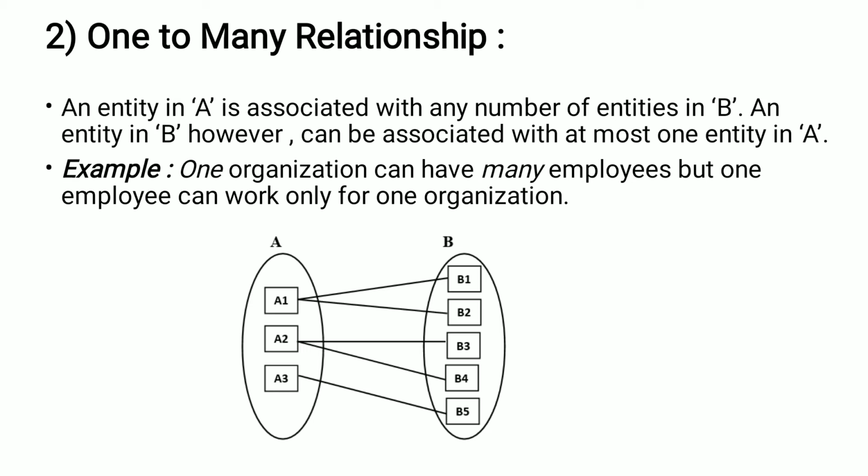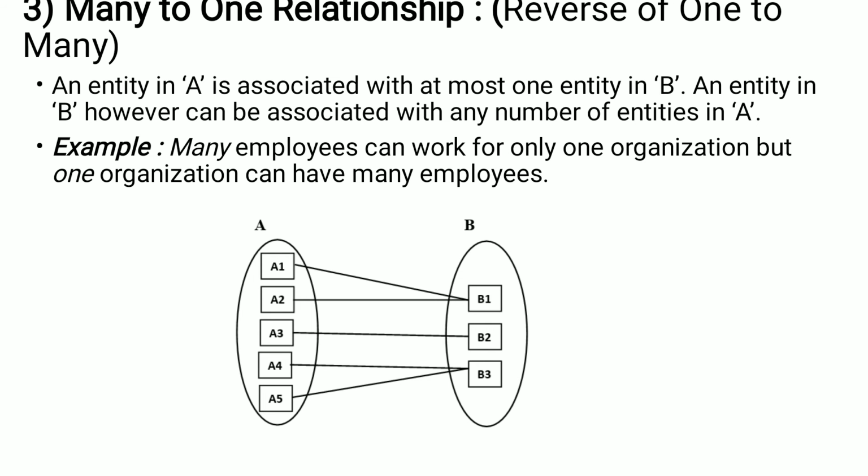A1 is associated with two entities, B1 and B2, and A2 with two, B3 and B4. It is called one to many. One employee can work for a maximum of one department, and one department can have a maximum of n employees.